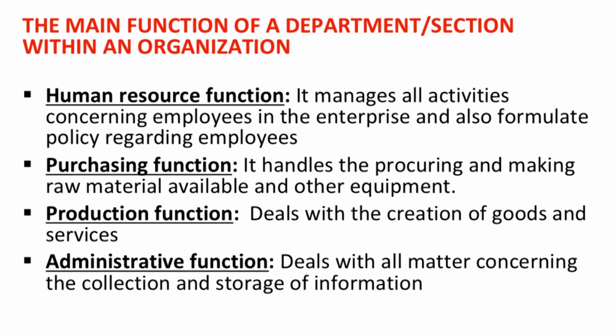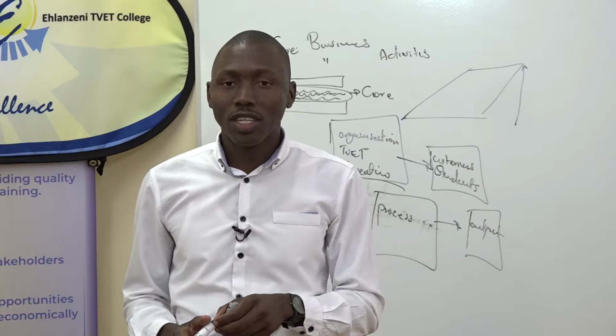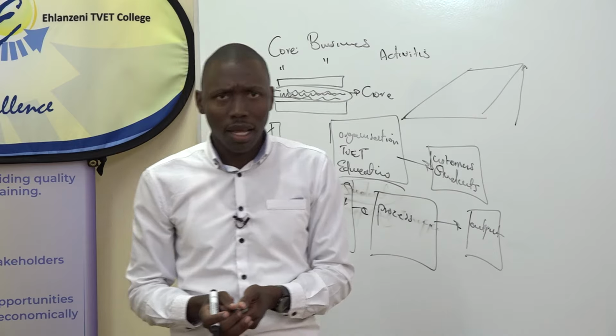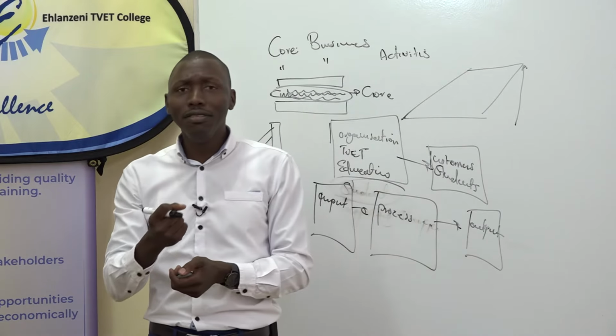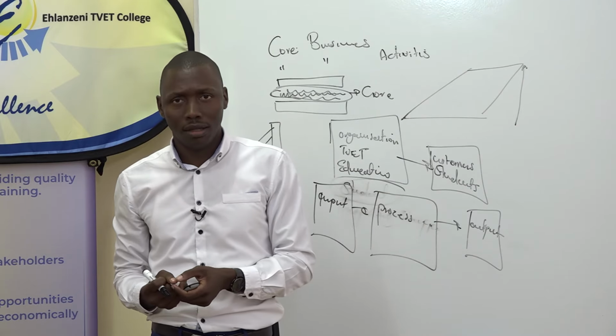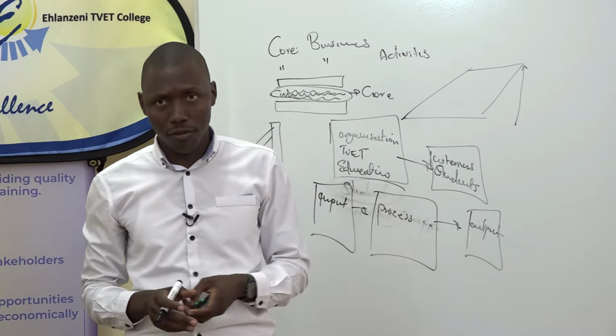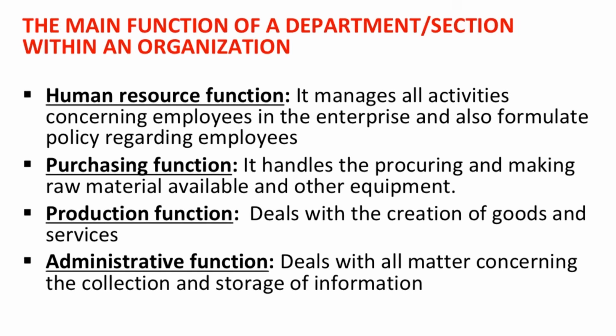Its main function deals with all matters concerning the collection and storage of information. How do they collect it? They receive documents, and they are the ones who file the information for the organization.